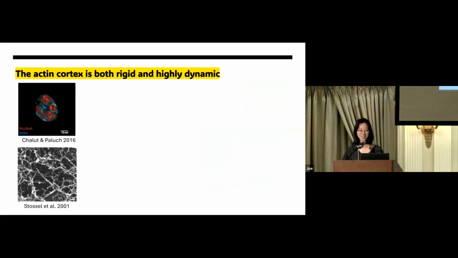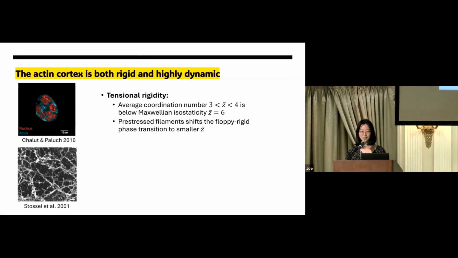The actin cortex, compared to a passive hydrogel, is highly dynamic, and it maintains rigidity in a crazy way. The first cool thing is that if you look at the average number of filaments joined at a crosslinker, it's either 3 or 4. So the average coordination number is between 3 and 4.